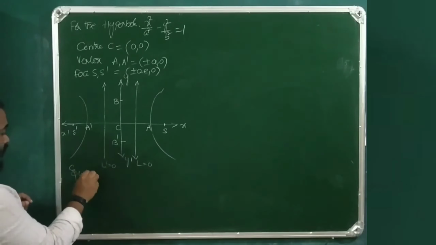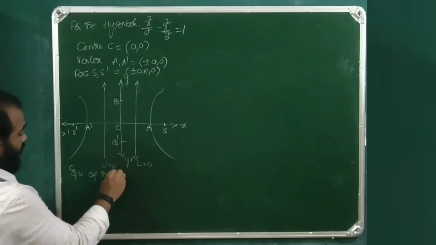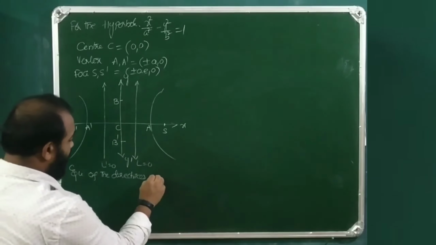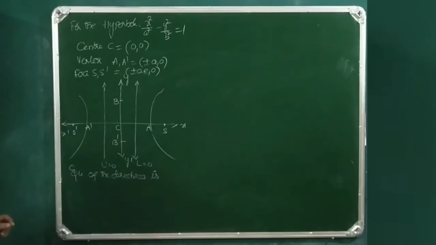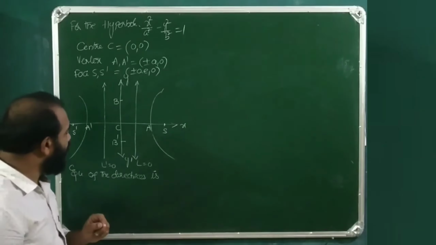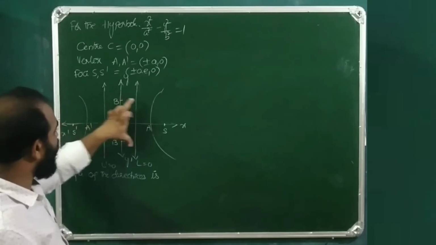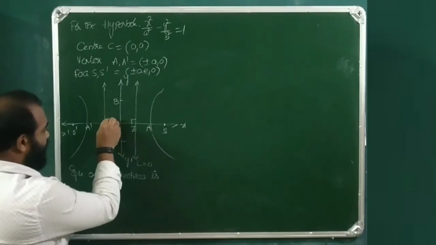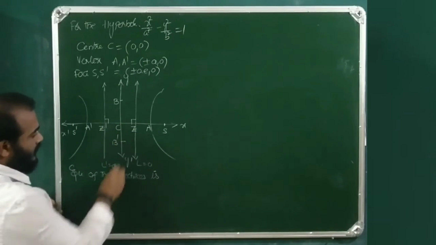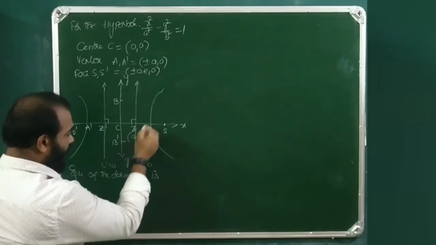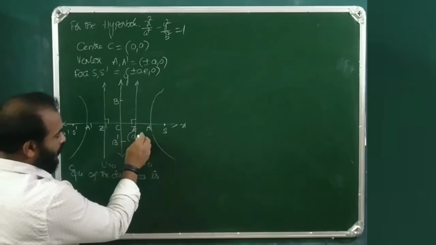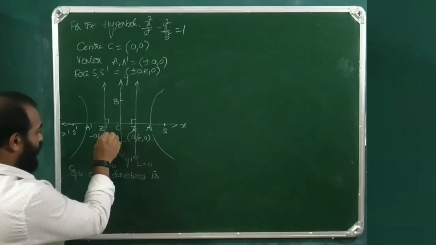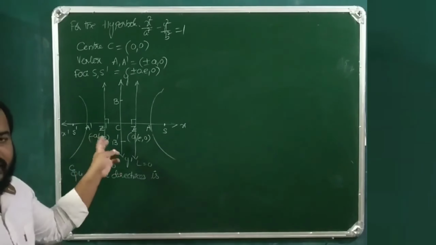Equation of the directrices is, so these two are the equation of the directrices, and this is Z and this is Z dash. This we have seen to be a by e comma 0, minus a by e comma 0, which we have proved in the derivation.